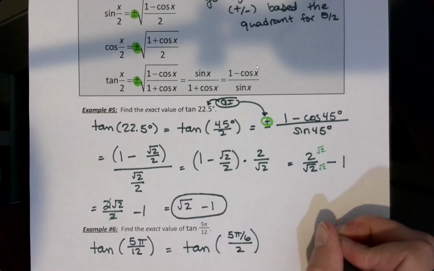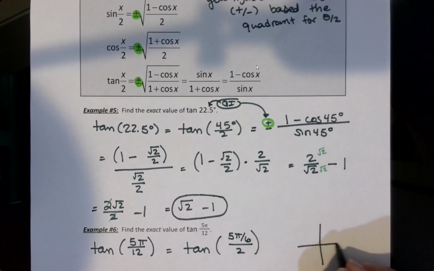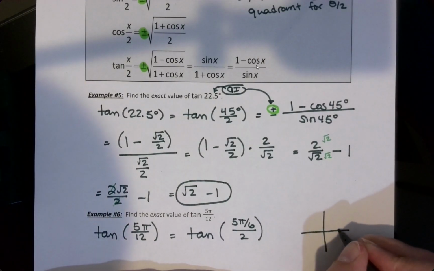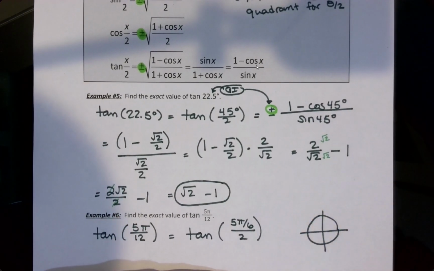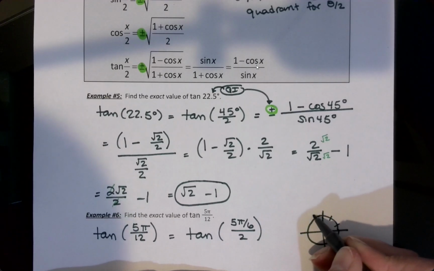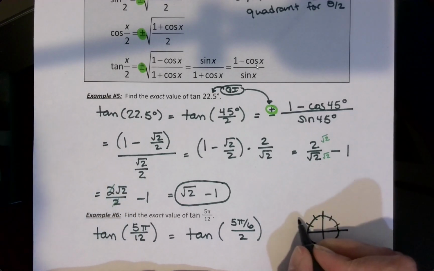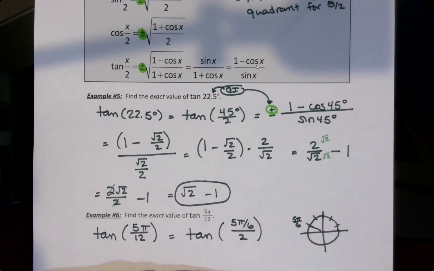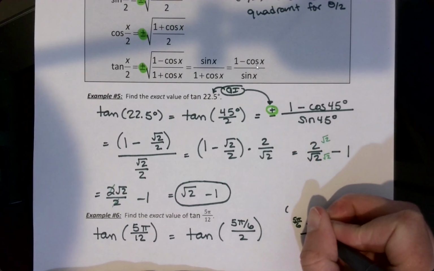And let's just make sure 5 pi sixths is somewhere on the unit circle that I know something about. So on the unit circle, 1 pi sixth, 2 pi sixth, 3 pi sixth, 4 pi sixth. This is where 5 pi sixths would lie. And it's going to have ordered pair.